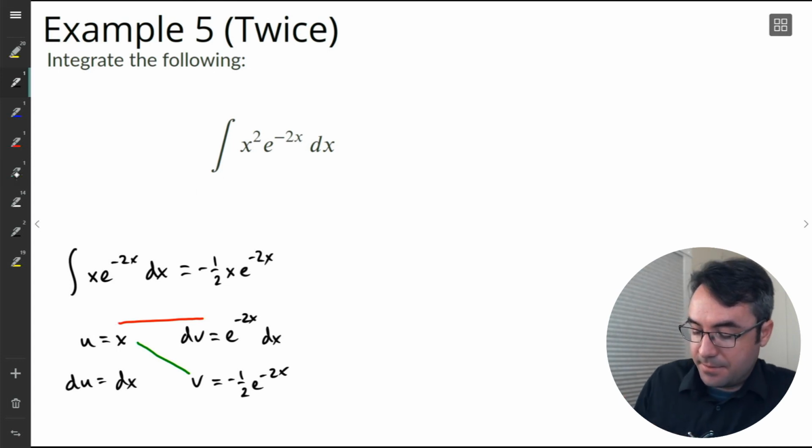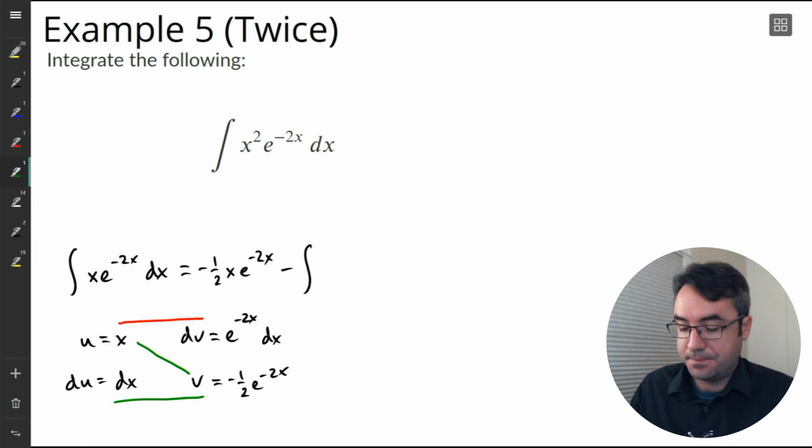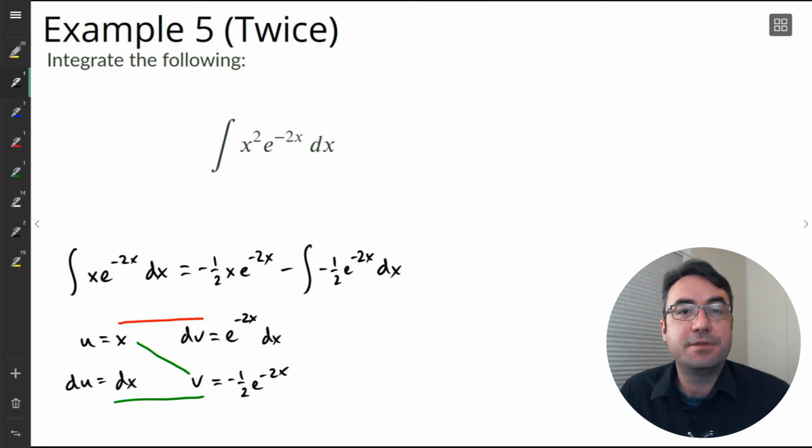And then we're going to subtract and integrate v times du. So v is negative 1/2 e to the negative 2x. So we're going to be doing this integral of negative 1/2 e to the negative 2x.